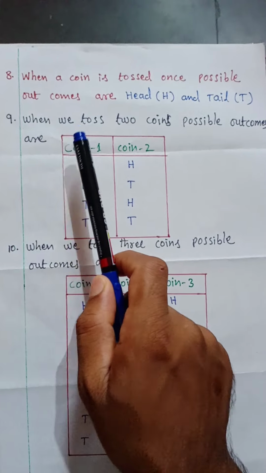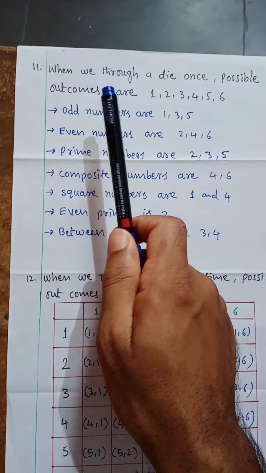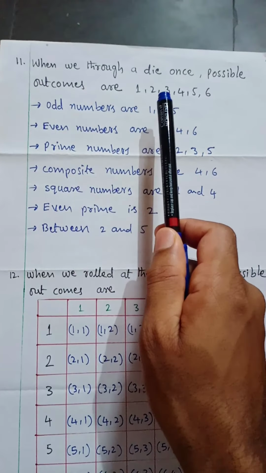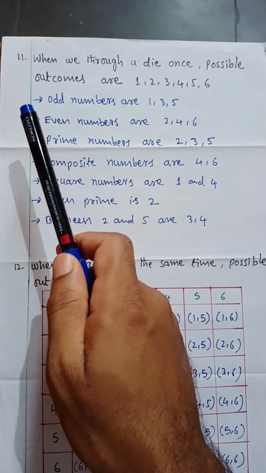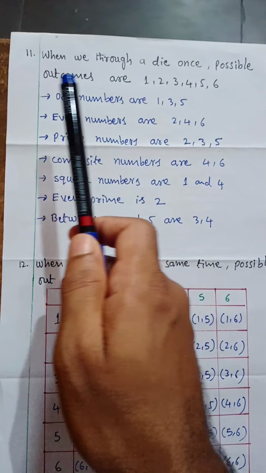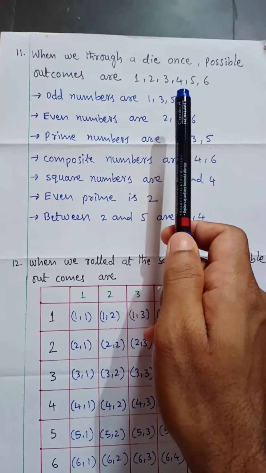And next, see, 11th one. When we throw a die once, possible outcomes are 1, 2, 3, 4, 5, 6. In that, 6 outcomes are there.